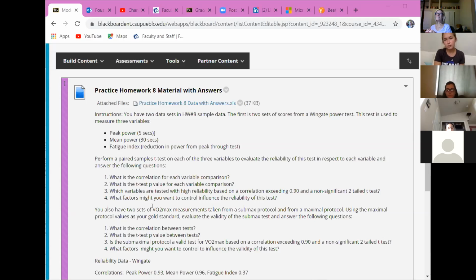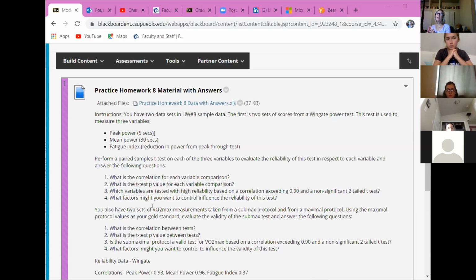Then you'd say, oh, that's not a reliable instrument. It's not giving us the same measure over and over again. So we would want to compare those with the t-test if I only have 2 measures. If I had 3 or more measures, I would use an ANOVA. And I wouldn't want to see a difference to say it's reliable. So that's test-retest reliability.